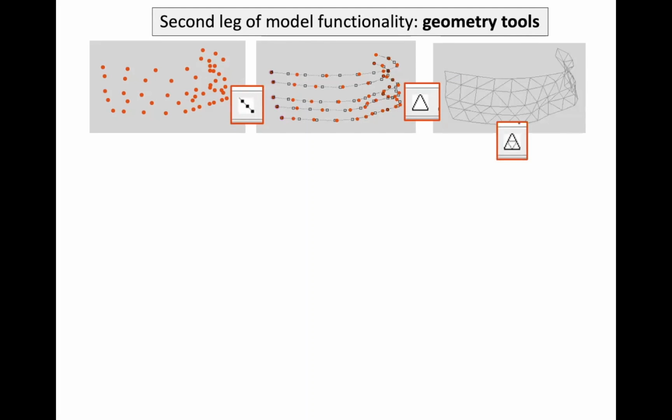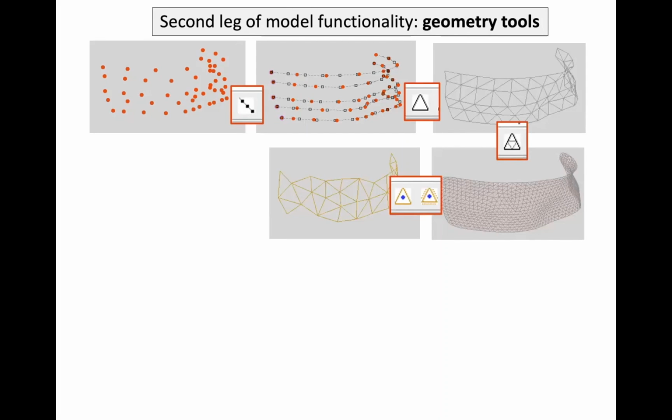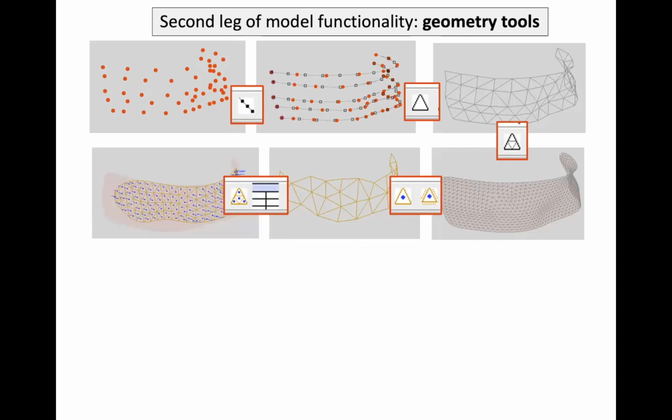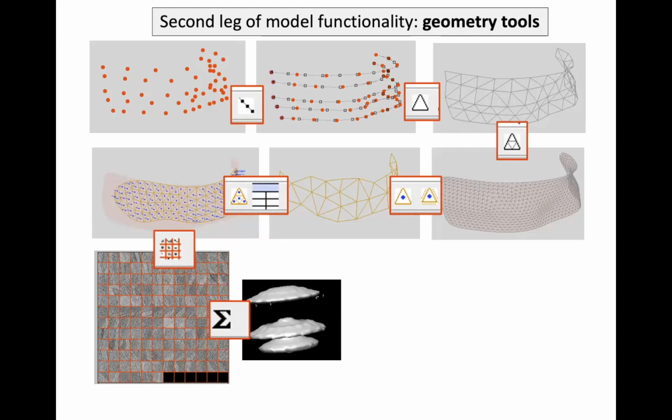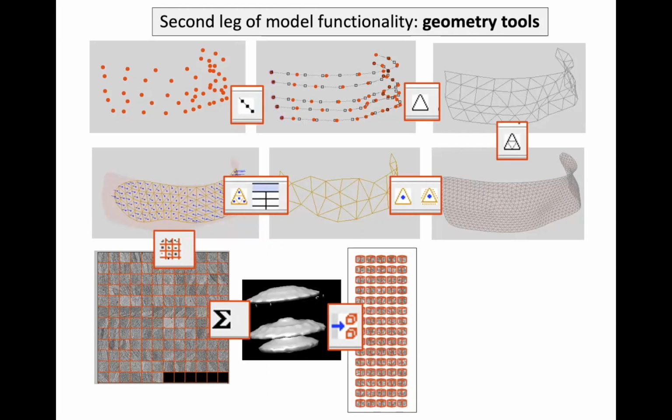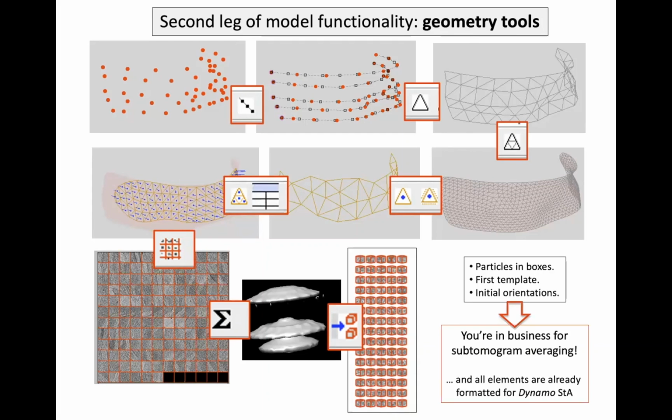Then you can create a triangulation, you can smooth the triangulation, you can define a distribution of tentative particles on that surface. You can provide them some normal, some directionality. Then you extract the particles, then you create an average, and then you are already in business for subtomogram averaging, because everything is inside Dynamo, and it formats these results in a way so that you can plug it into the next module or into the catalog, so that you can initiate your alignment project later.